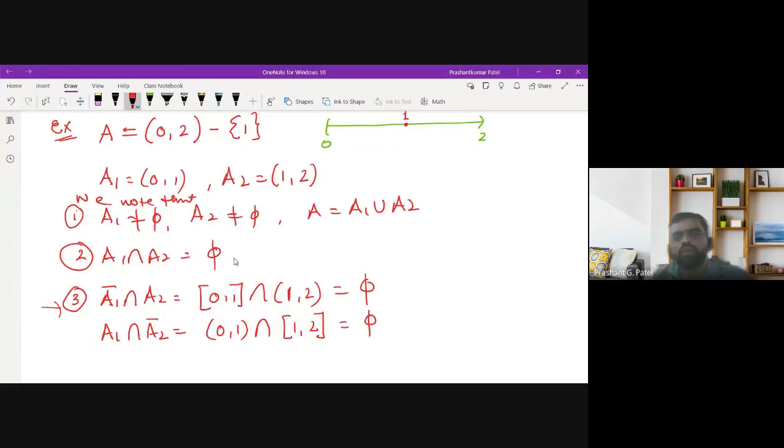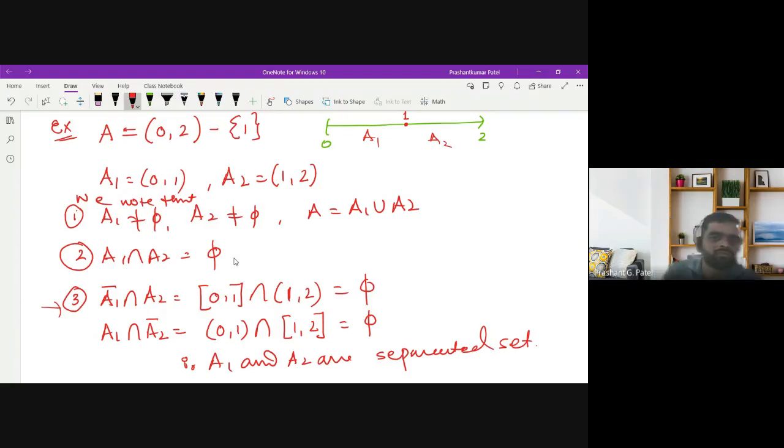So there will be no path between these two sets, A1 and A2. Therefore A1 and A2 are separated sets, or I can say A has a separation, which is A1 and A2.